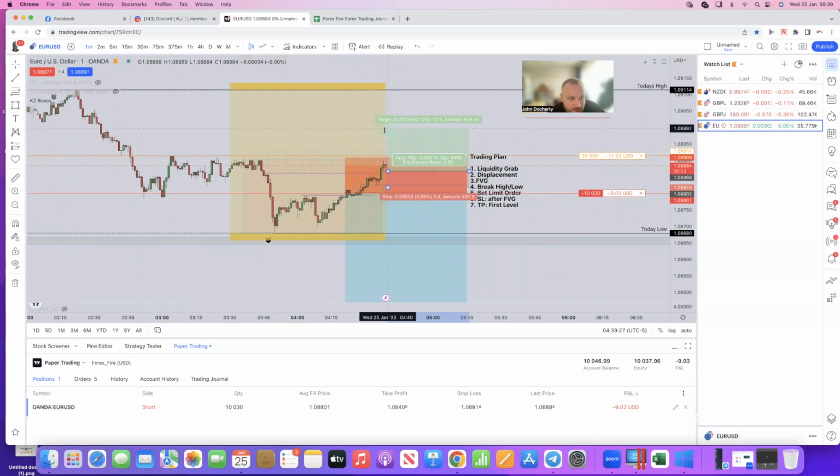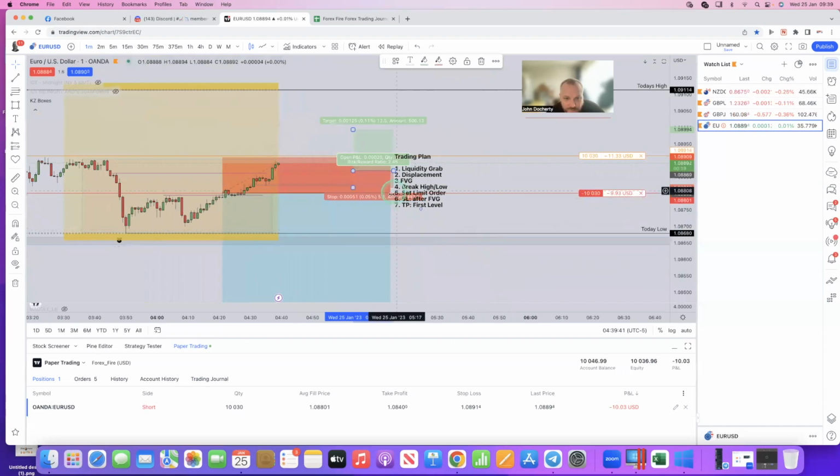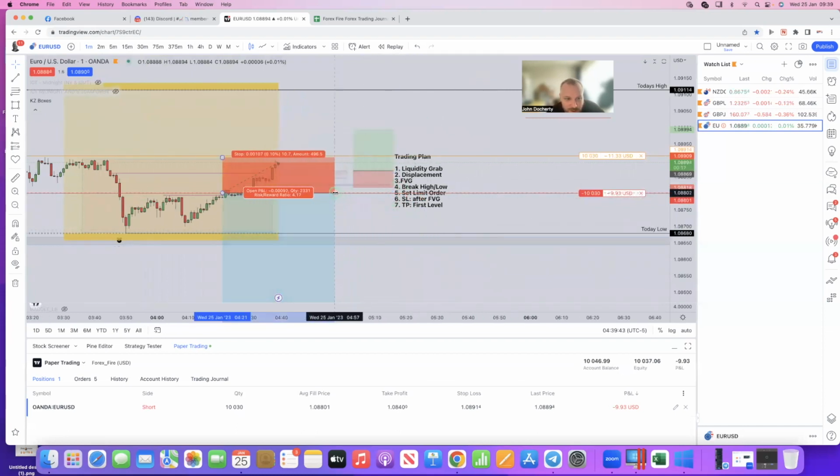That's 15 pips. 2.5. Just going to clear that there. There's this one into here.